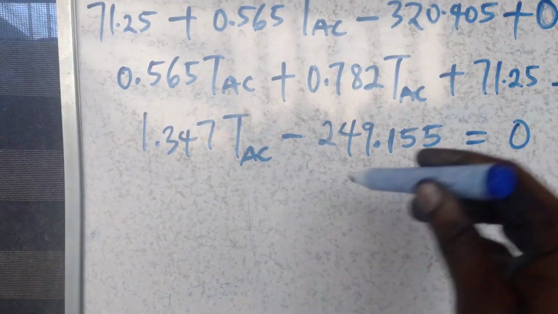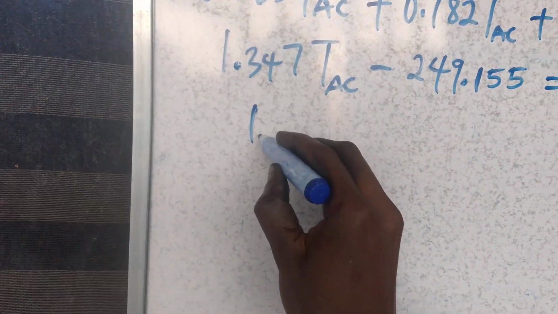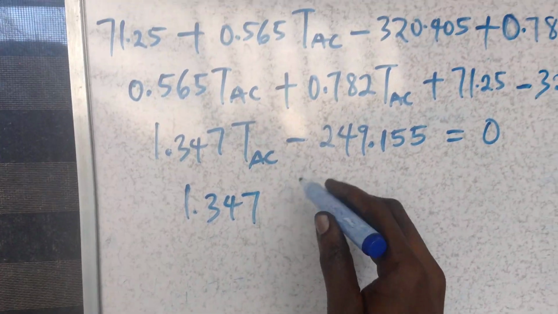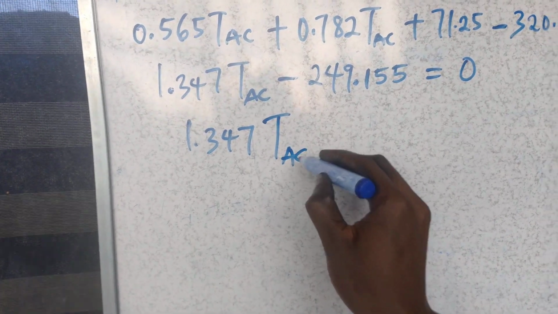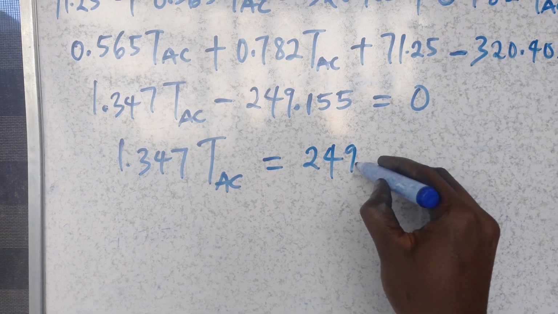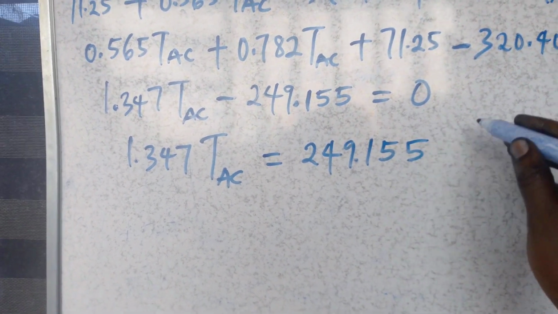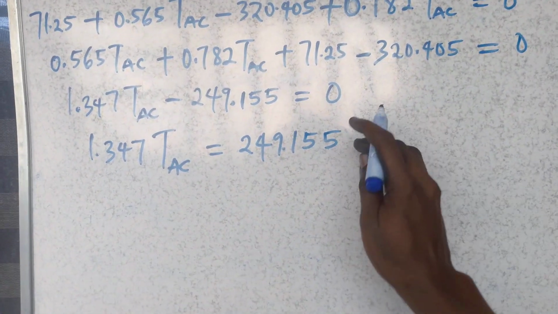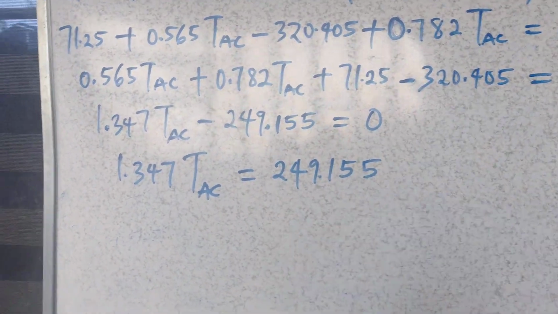If I carry this one over here now, I have 1.347 TAC equal to 249.155, as we cross over here.